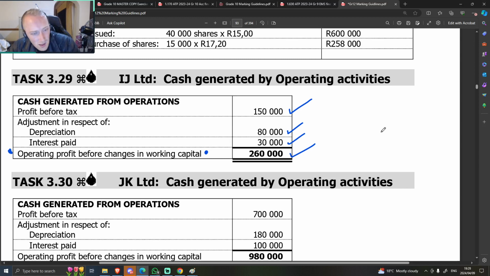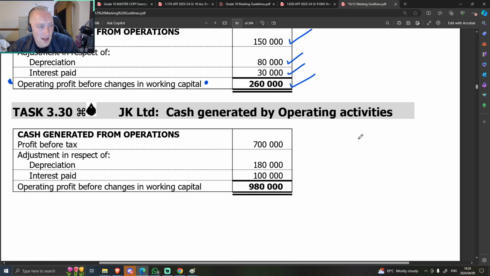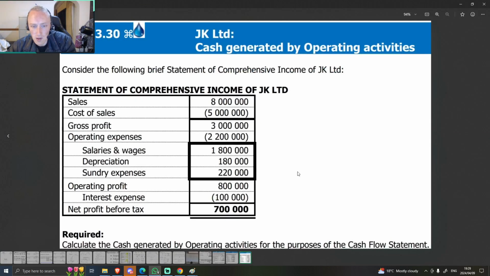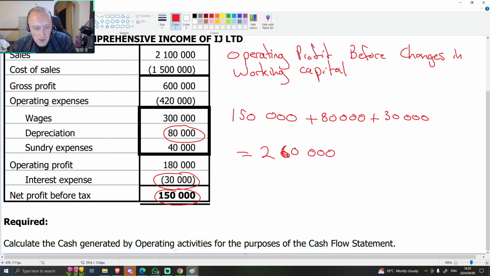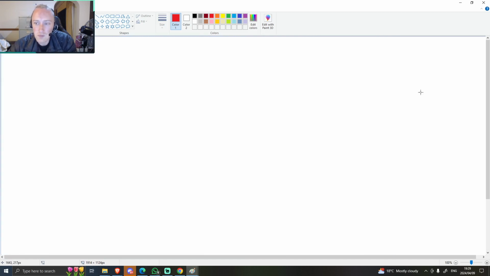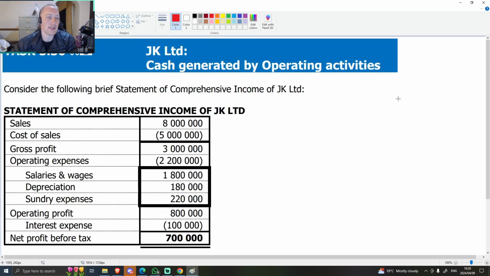The next one, in fact, you know what, let's just do the next one right now because they're very quick. 3.30, let's just go back to WhatsApp. Let's copy this and put it here. It says, consider the following brief statement of comprehensive income of JK Limited.